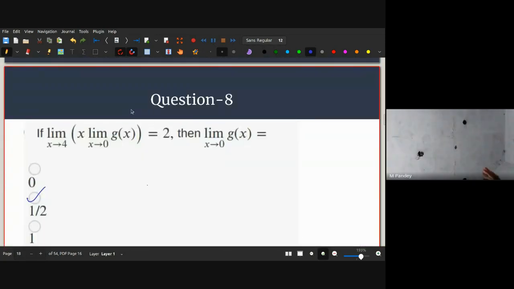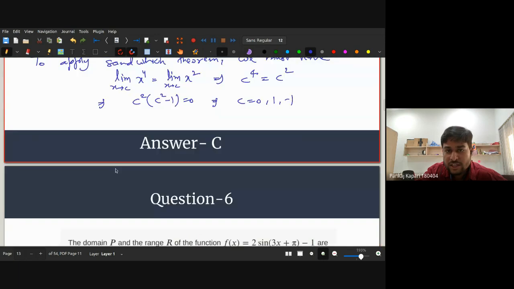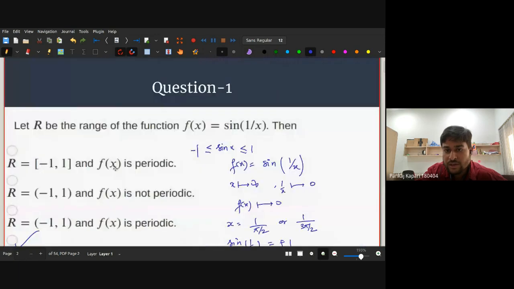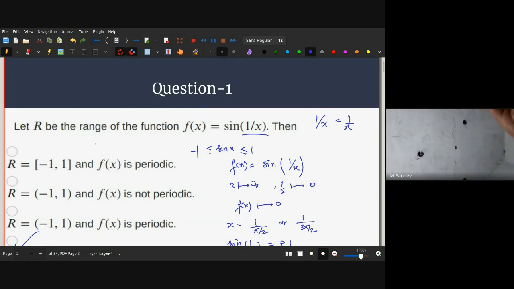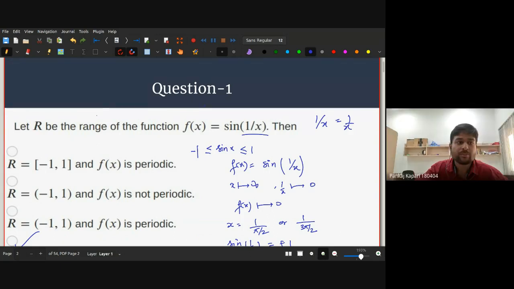I just want to know what does backslash mean. Is it negation? Backslash means division, right? See here, we have written this 1 by x, so 1 over x means we are dividing by x. No, sir. Please see the problem first. So it's a backslash you are saying. Yes, sir.